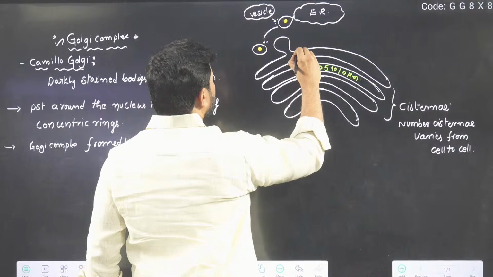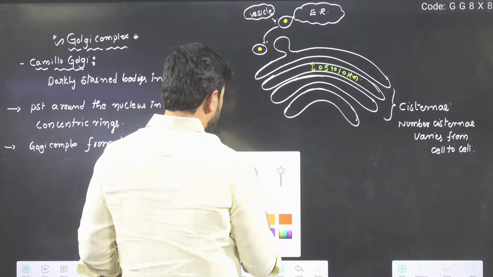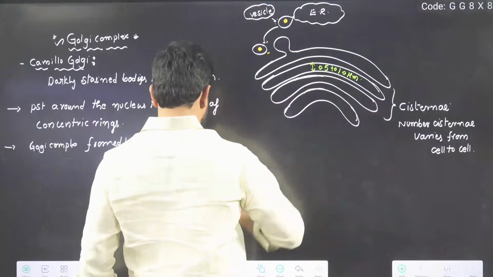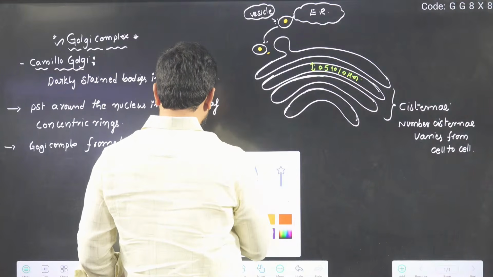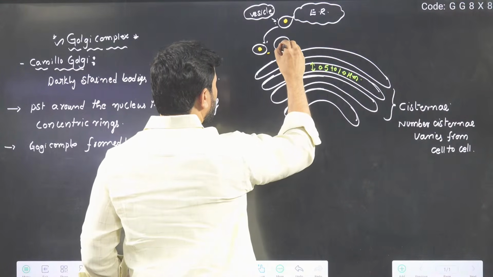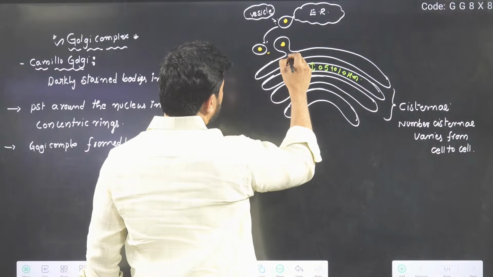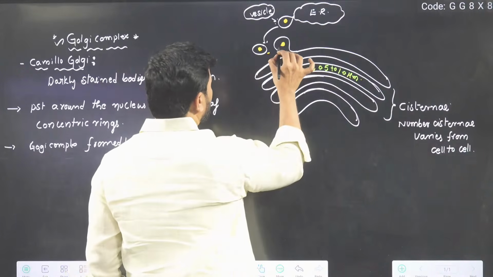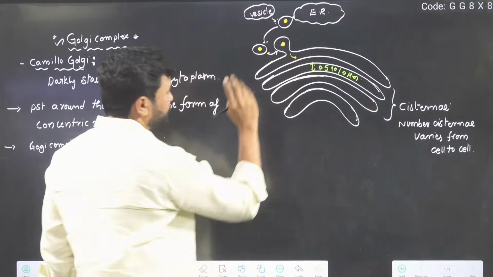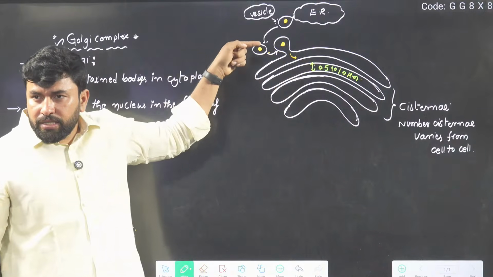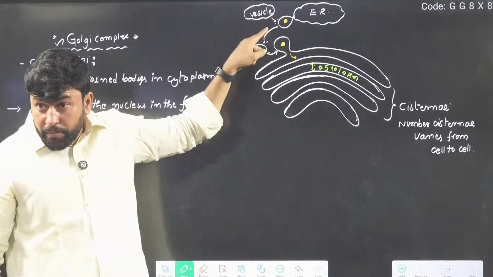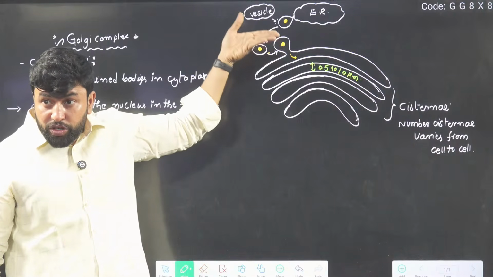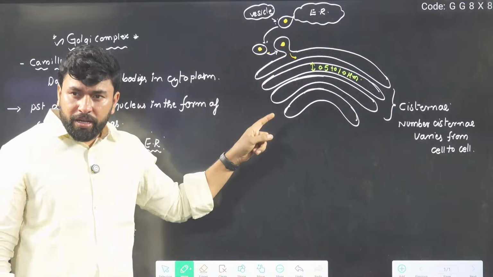The fused one, this is the same material, will release this substance inside the Golgi complex. This is the one which has fused. Once it is released there, that material which needs to be modified is the matter which is going to be modified by the Golgi complex.